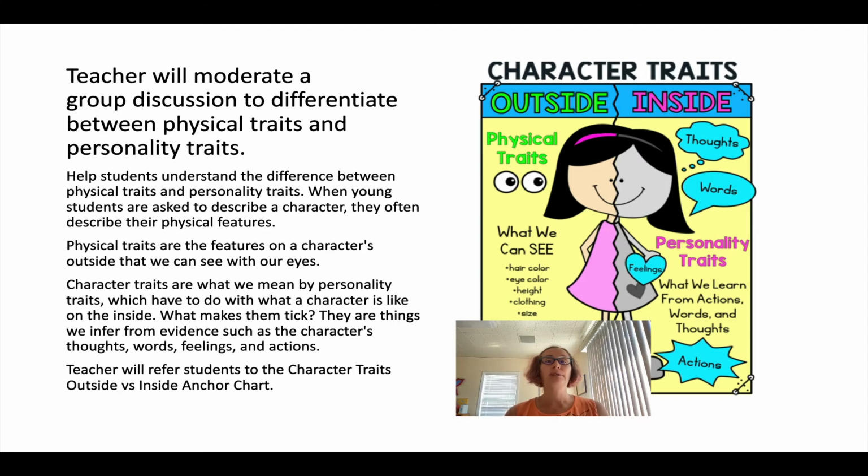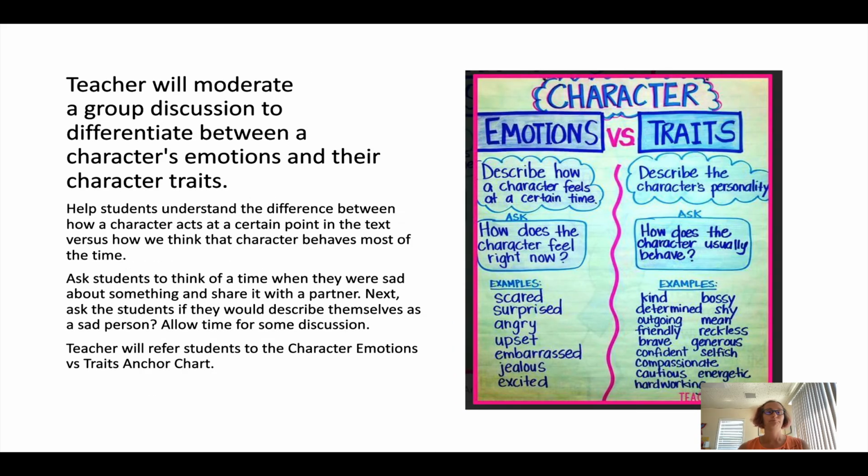Character traits are what we mean by personality traits, which have to do with what the character's like on the inside, what makes them tick. They are things we infer from evidence such as the character's thoughts, words, feelings, and actions. I will refer students to the character traits outside versus inside anchor chart.